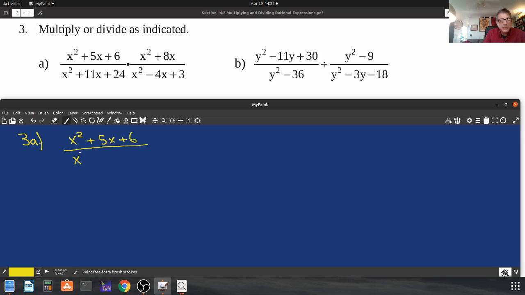At least these are polynomials, degree 2, trinomials to be specific, with the leading term 1. Those are called monic polynomials. X squared plus 8x over, what is that, x squared minus 4x plus 3.